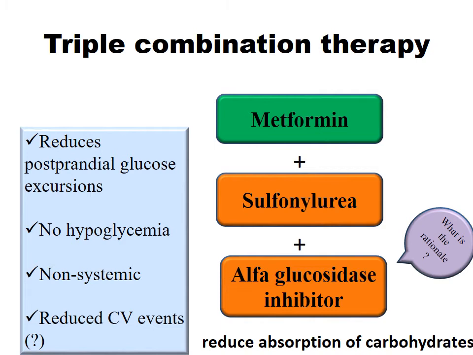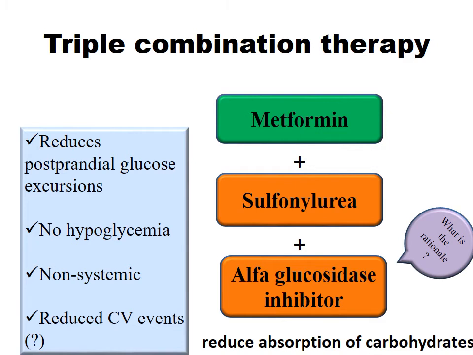The rationale for adding an alpha glucosidase inhibitor to this combination is that it reduces postprandial glucose excursions, does not produce hypoglycemia, is non-systemic, and sometimes they say that it reduces cardiovascular events.